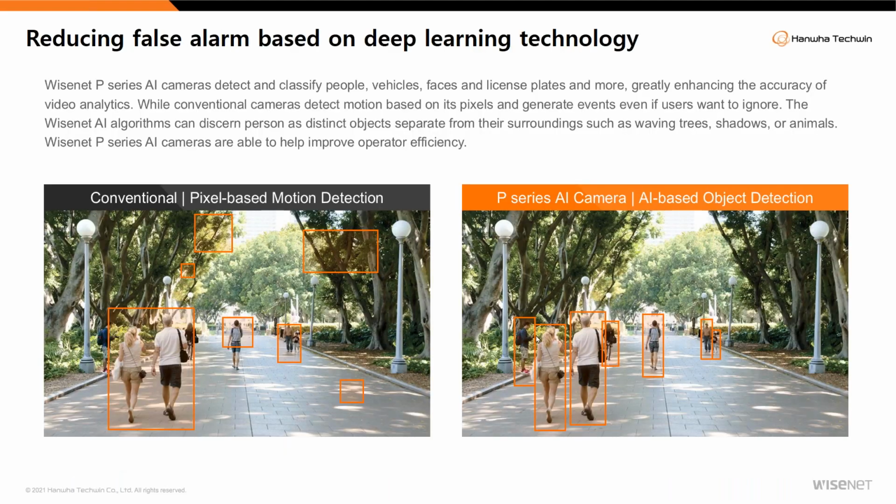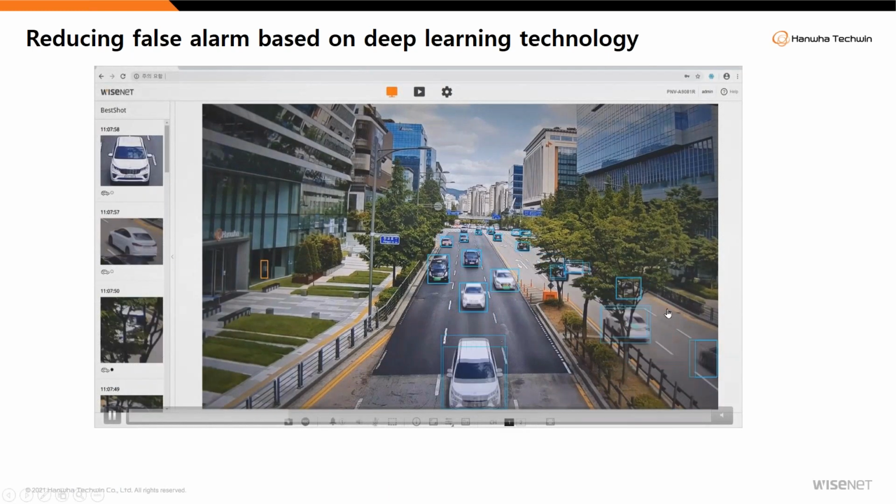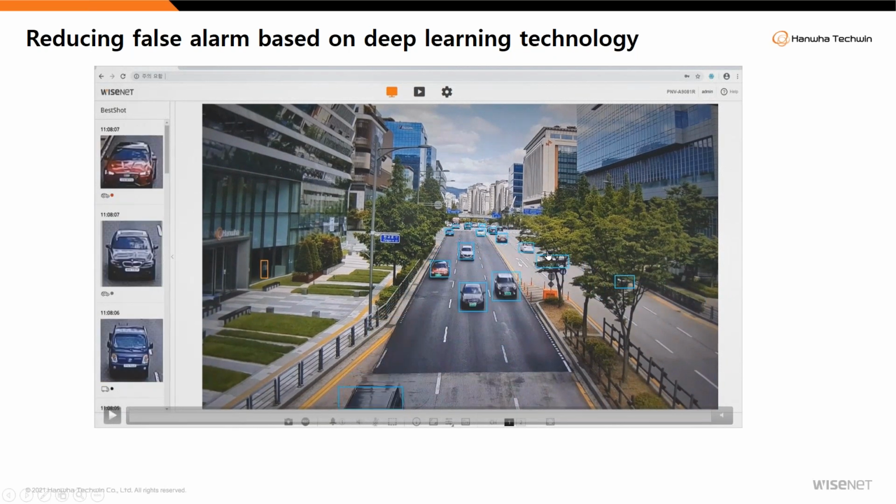So here you can see, even behind the tree, only a little part of the car is visible, but still it is able to detect there is a car. If there is a human being standing here, it can detect there is a human being, right? So it doesn't have to really match every single point, but the camera can use this more intelligent sense to figure out whether there is a car or a human being in the scene.